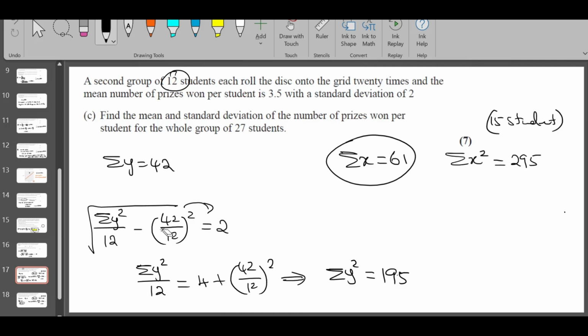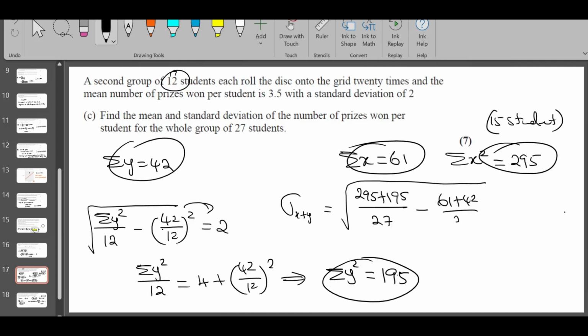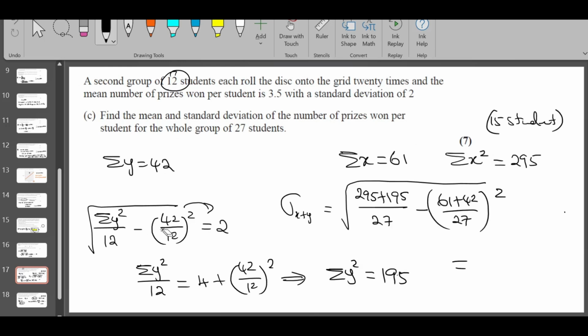So for sigma, I'm going to put x plus y, all the 27 of them. So square root of sigma x square plus y square for all 27 of them. So 295 plus 195 over 27 minus sigma x plus sigma y, 61 plus 42 divided by 27 whole square.